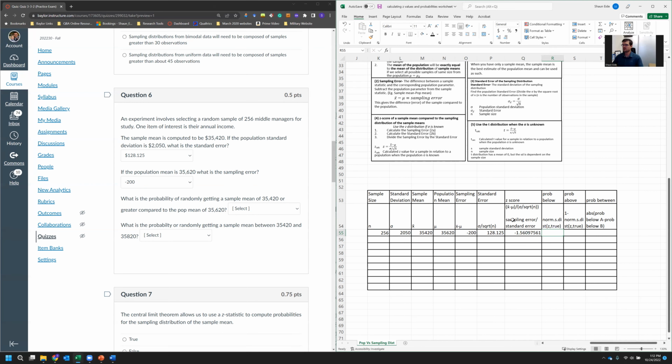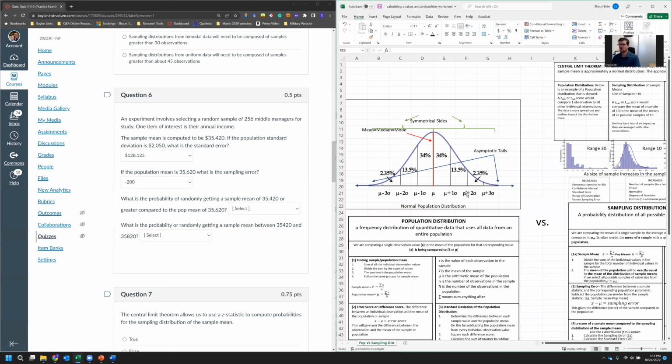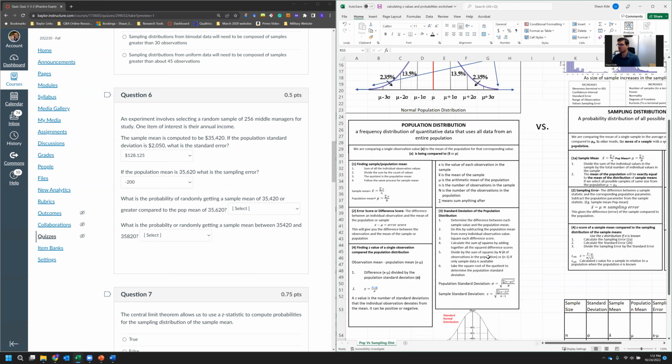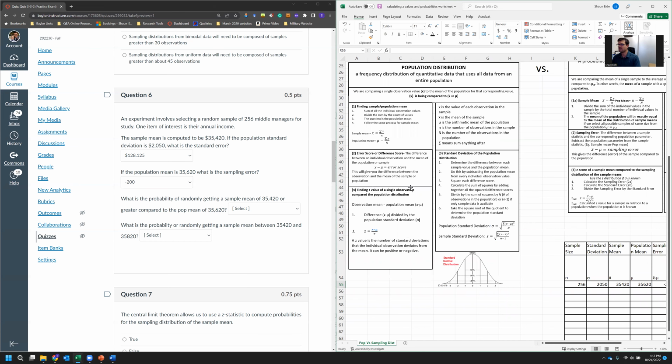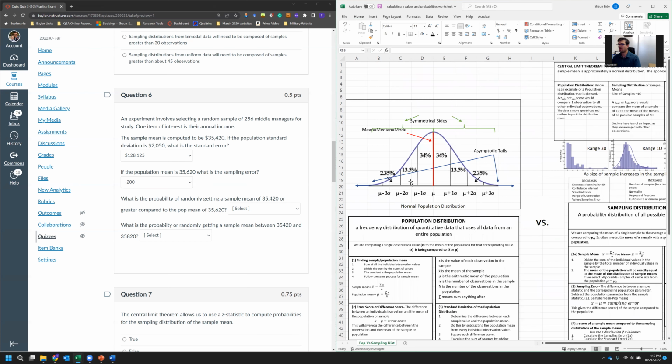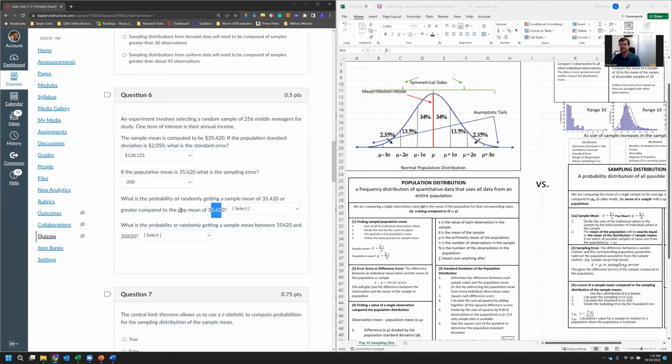You've got this normal distribution, and if I get a z-score of negative 1.56, it's going to be somewhere right here. What's the probability of getting this outcome with a sample like this, compared to the population mean of 35,620, or getting greater?